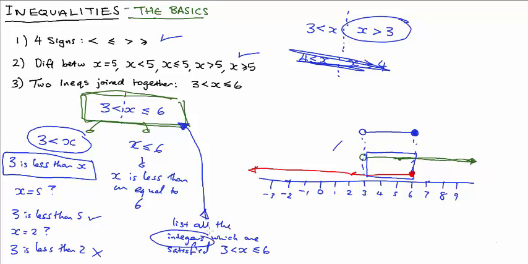So all it's saying is list all the whole numbers which go into this one. So let's have a think about this. We know anything below that is included and everything above that is included. So look, 3 isn't included, so don't include that. 4 is, 5 is, and 6 is, because remember the colored one. So the answer to this will be 4, 5, 6.